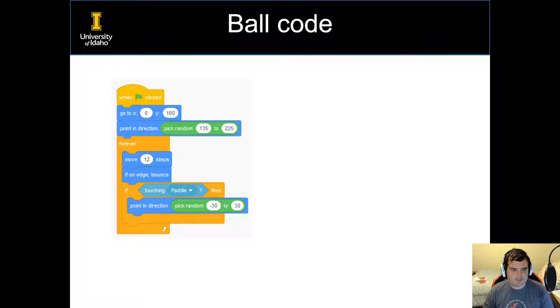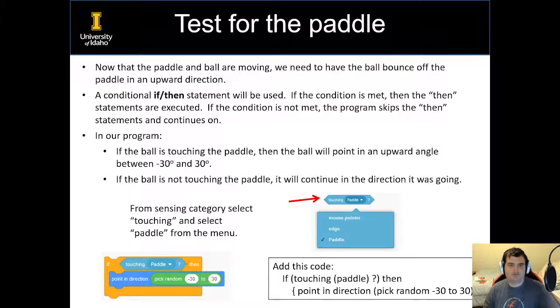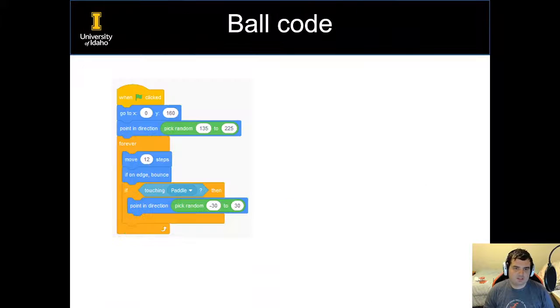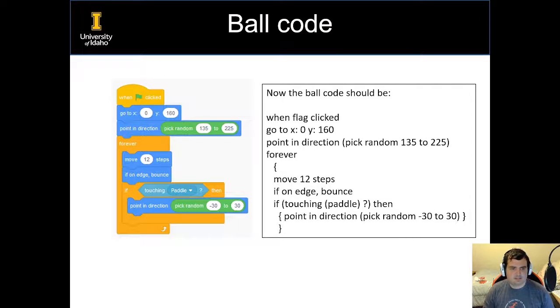At this point, one thing you probably didn't do is build this inside the forever loop, and that's fine. This needs to go inside of our forever loop, because we always need to be checking this. A lot of students mix up and put this if touching paddle then above the forever loop. That will only run it one time, and then it'll do that forever loop forever.